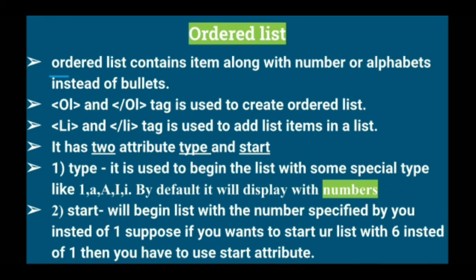So type is used to begin the list with some special type like numbers, then small alphabets, capital alphabets, small Roman numbers and capital Roman numbers. By default it will display with the numbers. So first here 1, then small a, small i and capital I are written. That we are going to discuss further in the next slide.